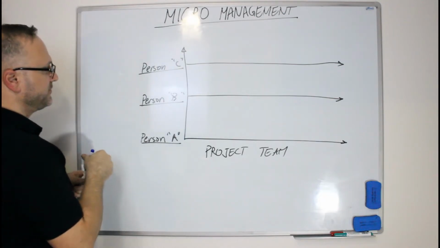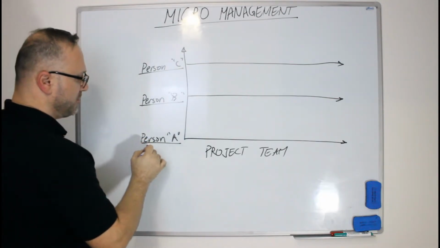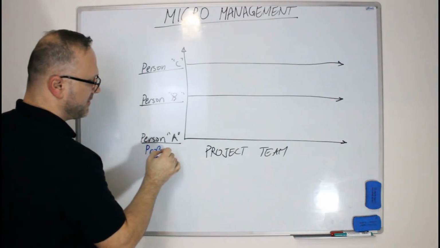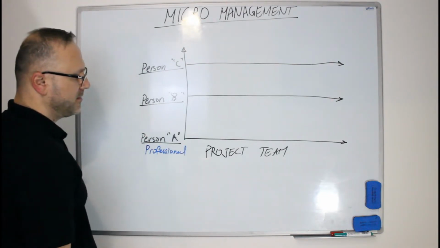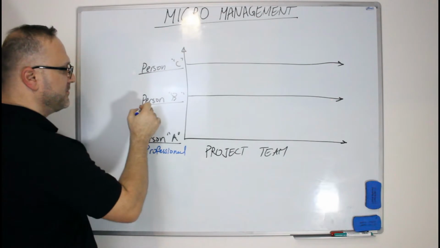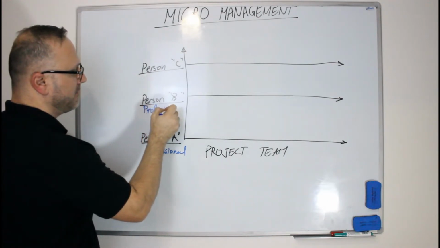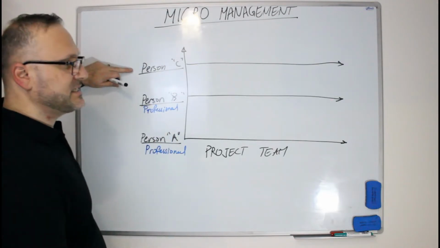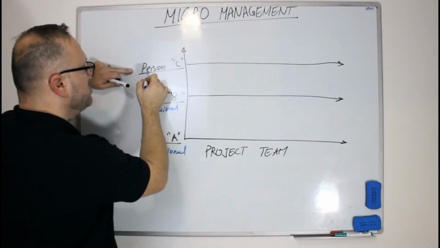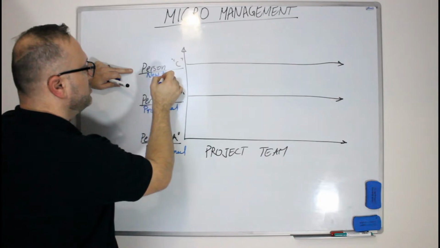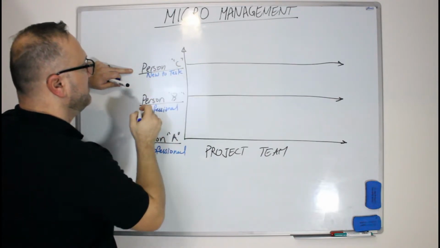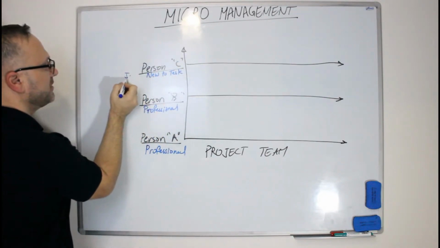Person A is professional. Person B is professional. Person C is new to the task, meaning he is like a junior.